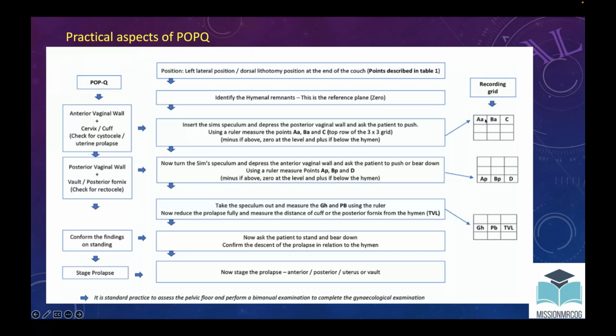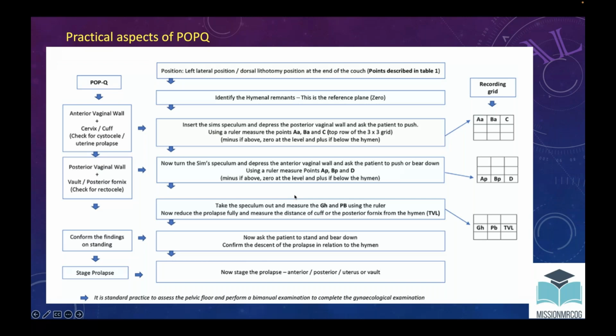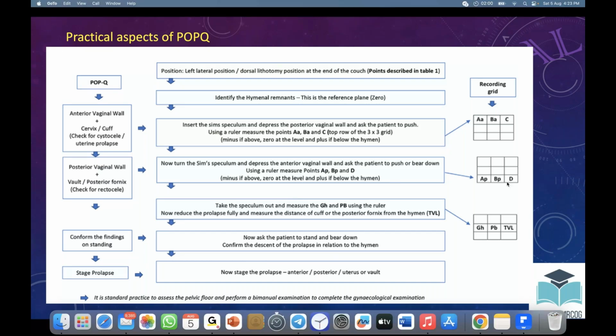Then the speculum will be depressing the anterior vaginal wall, and we ask the patient to cough, push, or bear down, and with a scale or ruler the posterior vaginal wall or point D is measured, and it is written here.